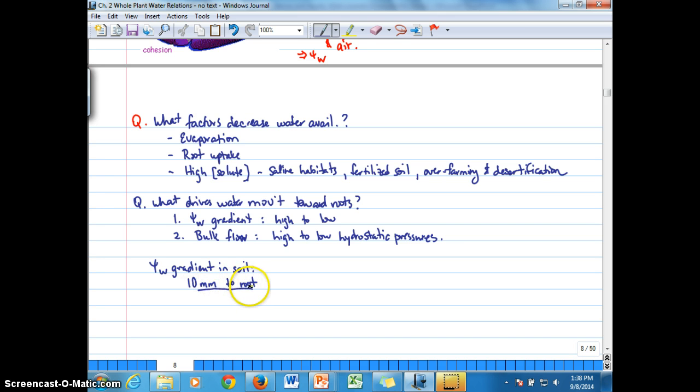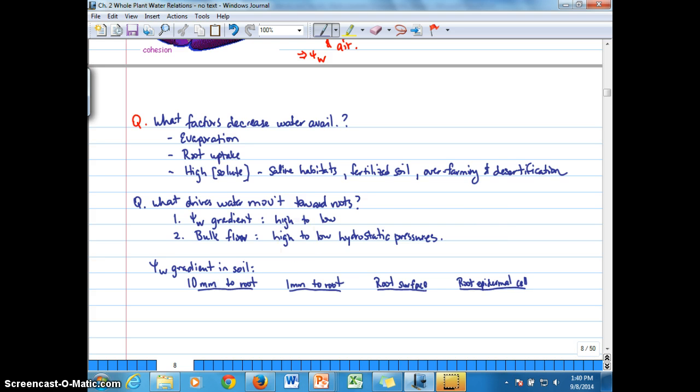We want to know what the water potential is going to be at that distance, versus 1 millimeter away from the root, then compare that to the root surface, 1 millimeter closer, and then, let's say, inside a root epidermal cell itself.